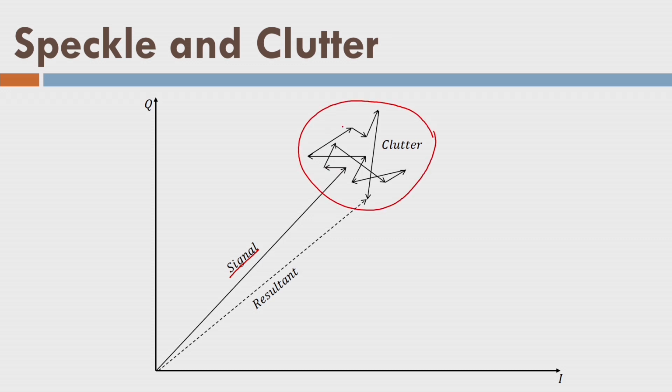Now, if I add this noise, I will get this resultant, because the components of the noise are shifting this point, and this is the resultant which I observe and not this one. This is the original signal, or I can say the correct signal. And this is the resultant one which has noise.